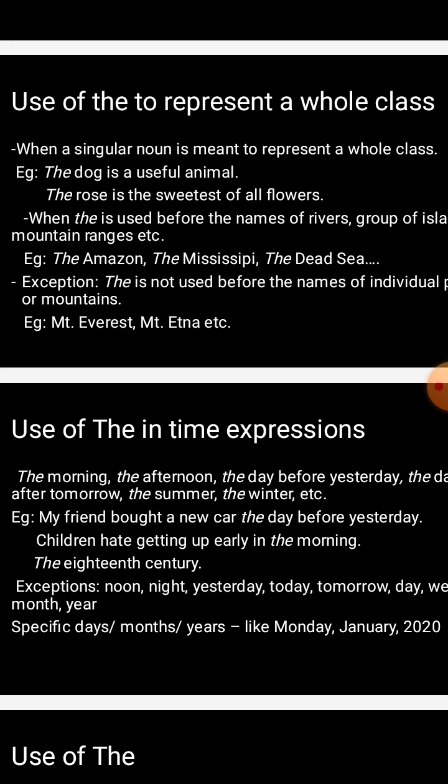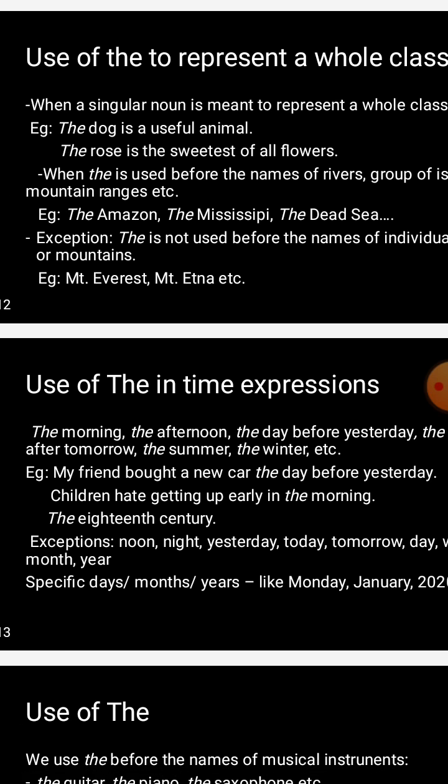The is used before the names of rivers, groups of islands, mountain ranges, etc. So you have the names of famous rivers: the Amazon, the Mississippi, the Ganga. An exception to this rule is mountain ranges, the Himalayas.